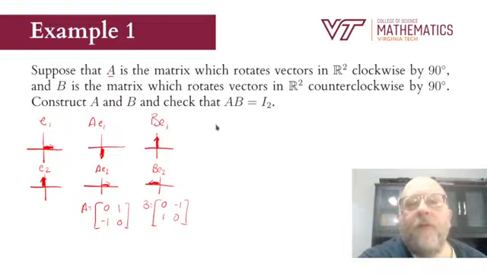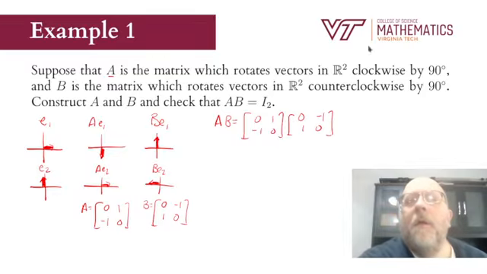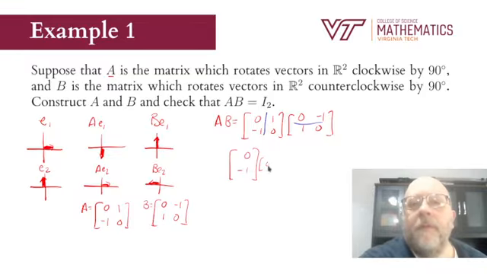What happens when we multiply them together? All right, we'll apply the column row rule to this. So we will compare 0, negative 1 with 0, negative 1, and 1, 0 with 1, 0.